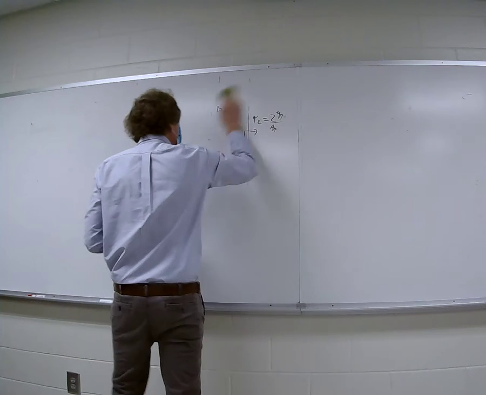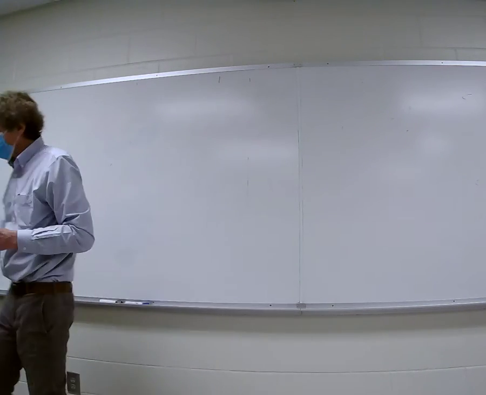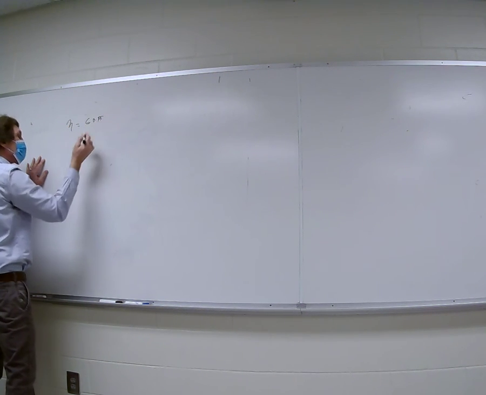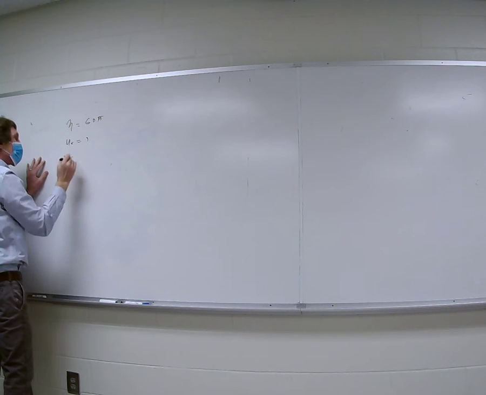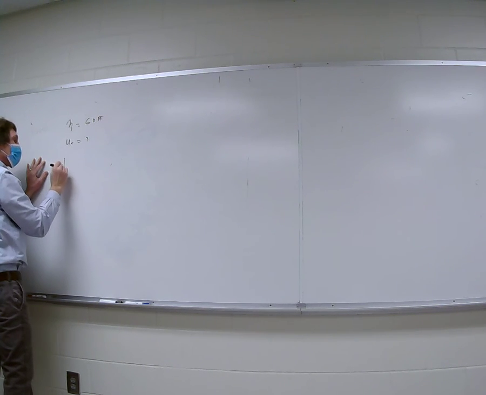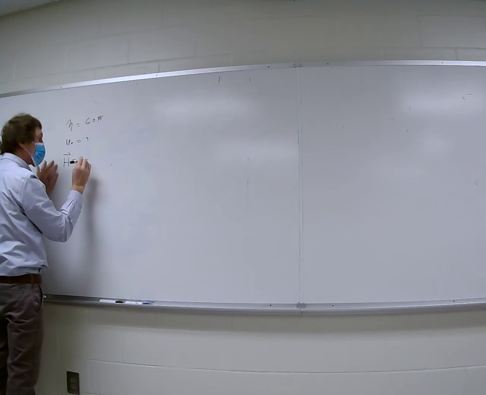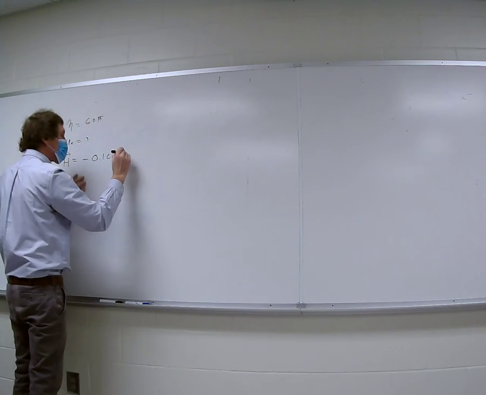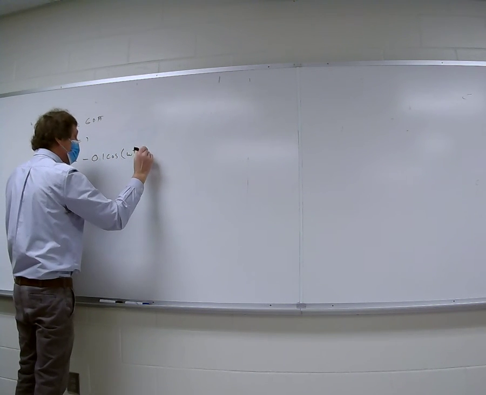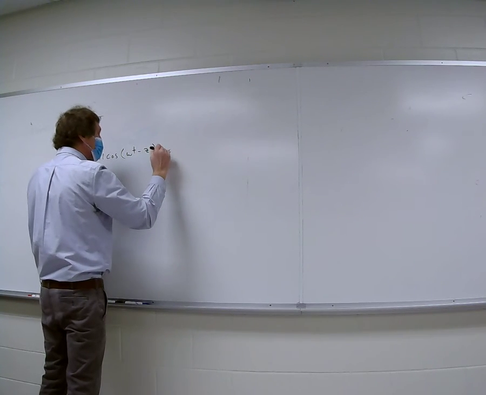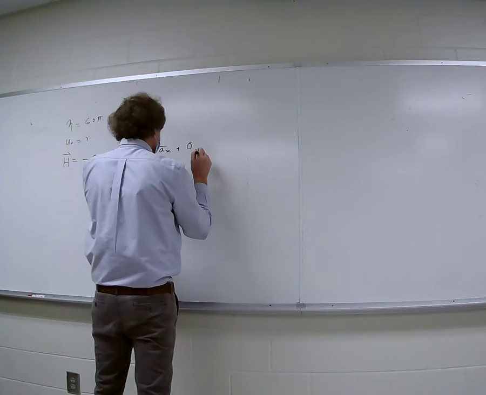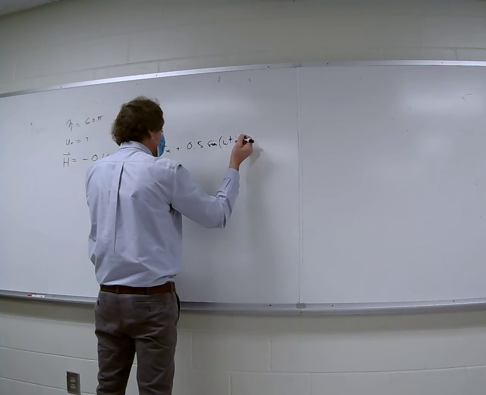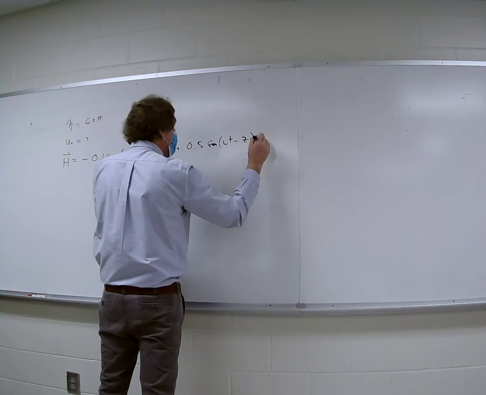Absolutely. So you had eta equals 60 pi, mu r equals 1, H equals negative 0.1 cosine of omega t minus z in the a_x direction, plus 0.5 sine of omega t minus z in the a_y direction.